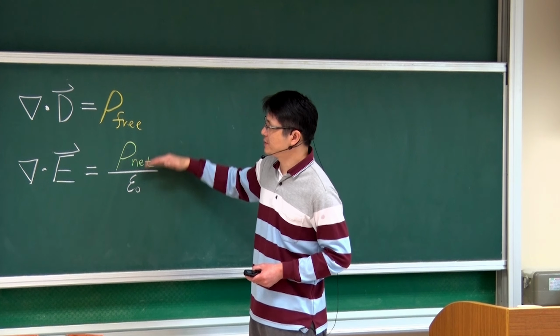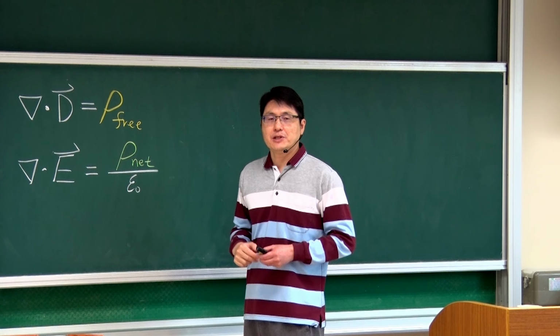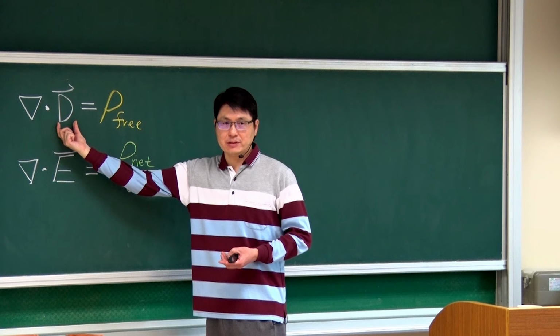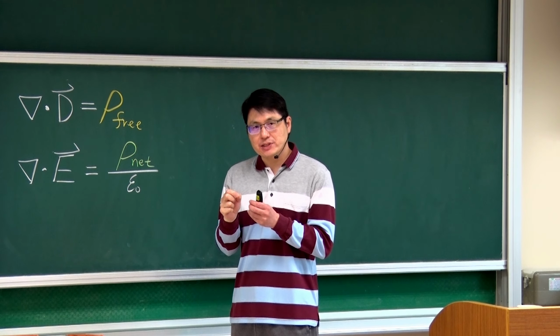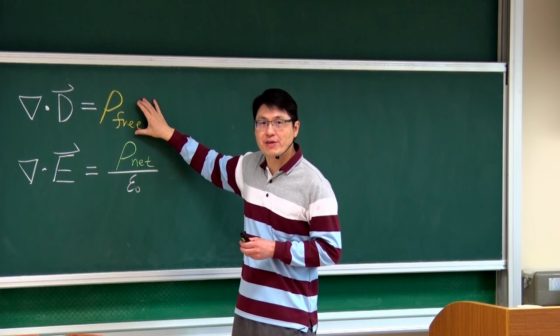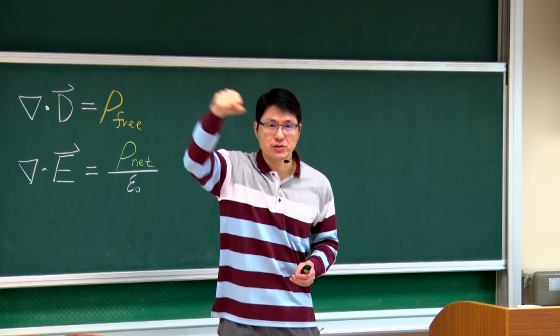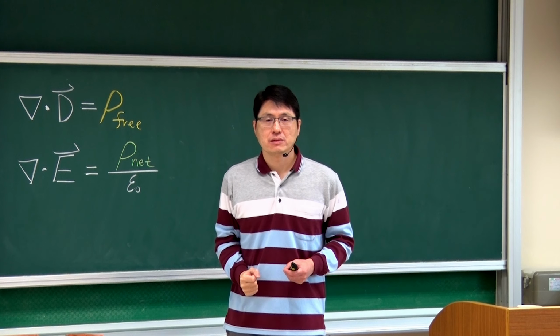These two formulas are telling you this D vector is directly associated only with the free charge densities. Like you have free charges in space.